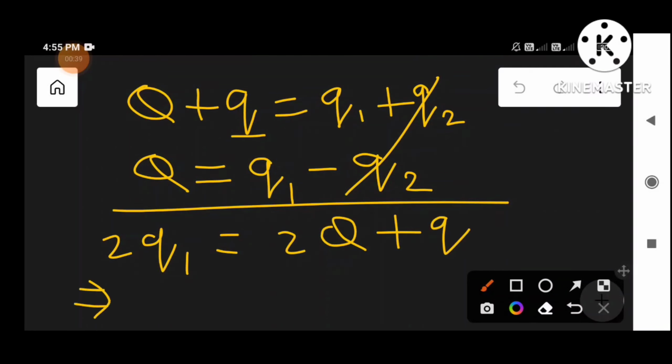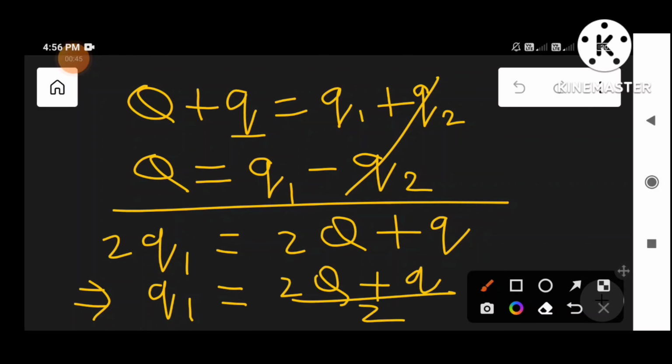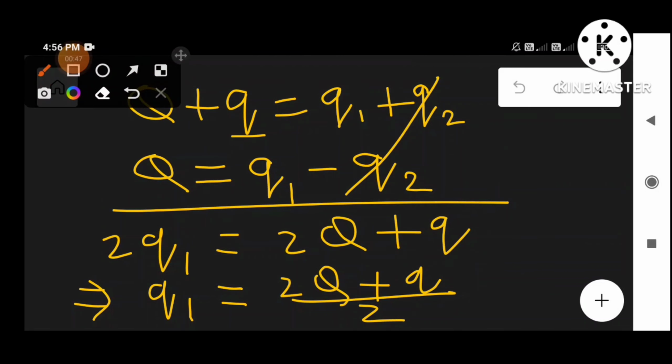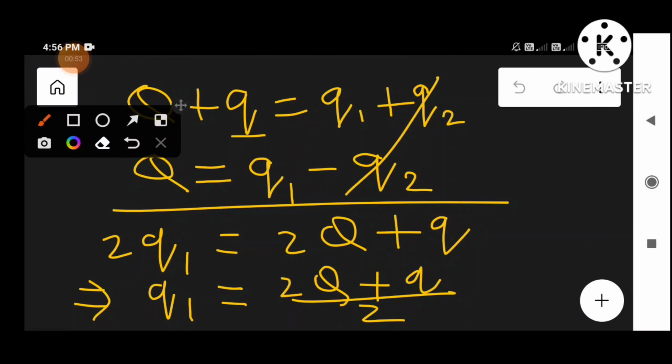this is what you get. So the charge q1, that is the charge on the plate beta, is so much, and let me bring it here.